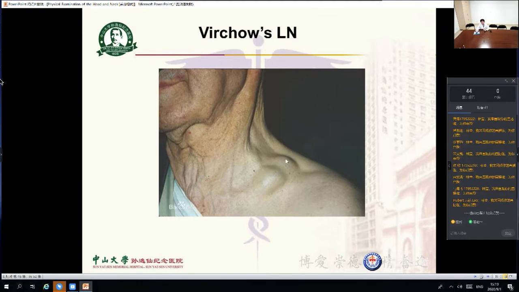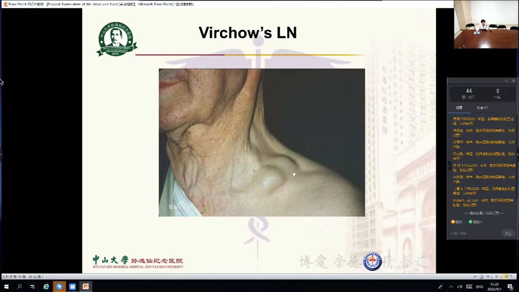Sometimes in the supraclavicular region, you identify masses, and these masses are what we call the Virchow lymph nodes. They are solid and without tenderness, and sometimes they are fused together, and the mobility is very, very poor. They stick together, and these are fixed masses.